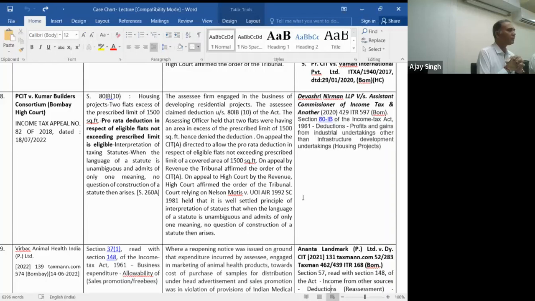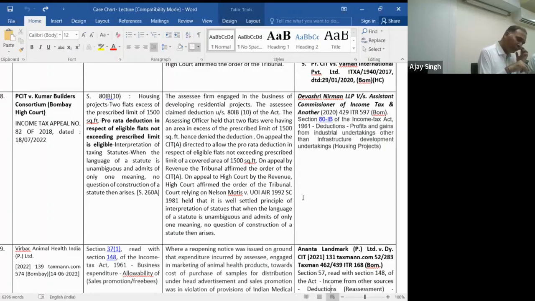But they have neither filed an appeal at the ITAT level nor a cross objection. So in such a case, it has to be pointed out before the court that the department was not in appeal, the assessee was in appeal, so that particular point has been accepted.